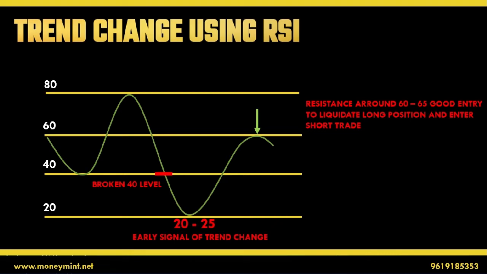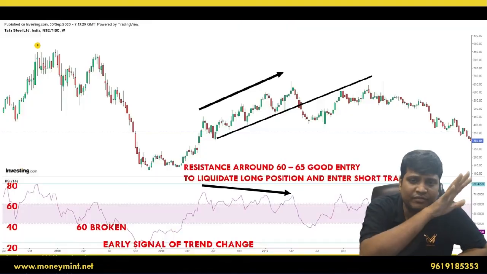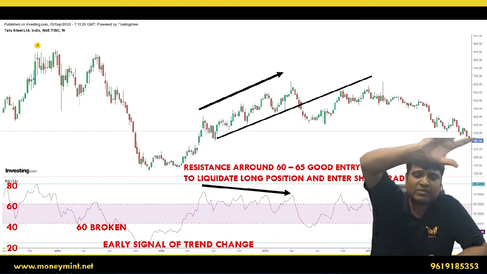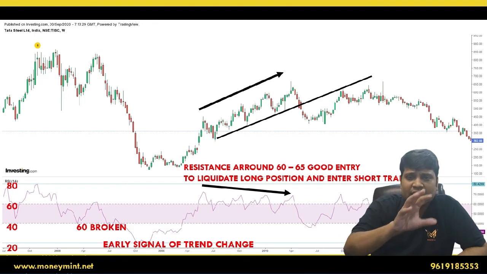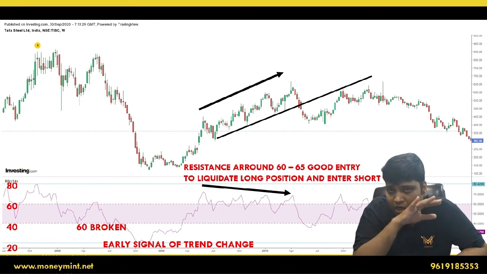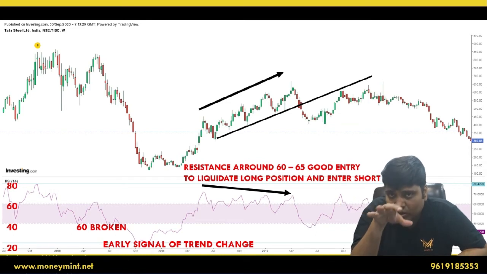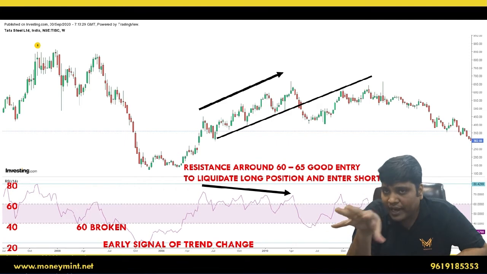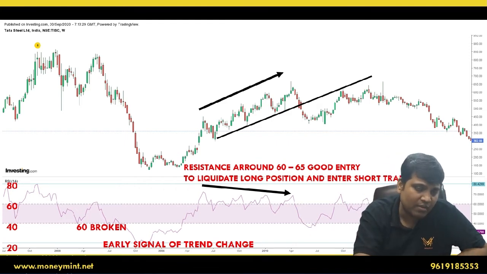So simple, using this indicator you can do it. Let us see a few examples. Again, this is the example of Tata Steel. First the level was 80, then the market went down towards 20, then from 20 it was hovering around the 60-70 zone, it did not cross above 80, and the moment the trend line got broken, you will find a drastic fall in the market.